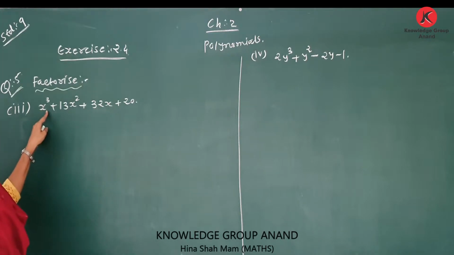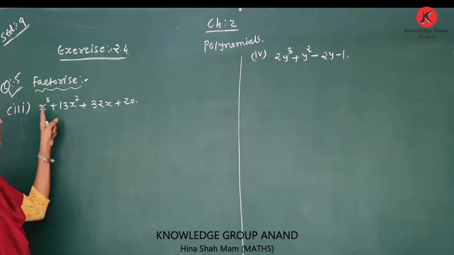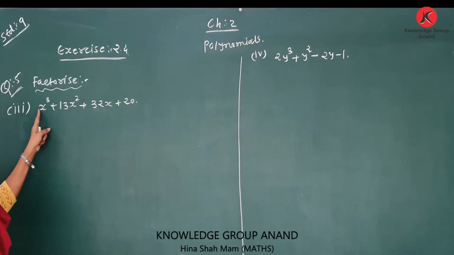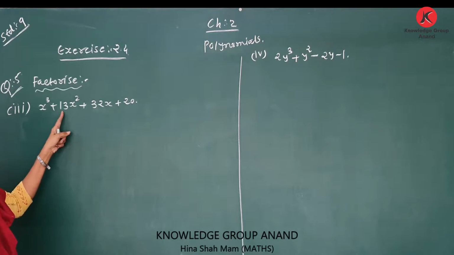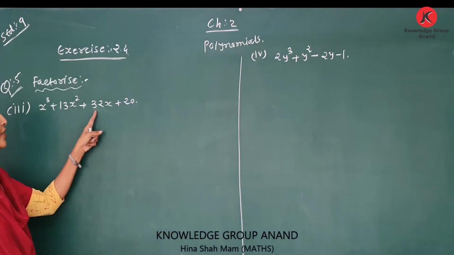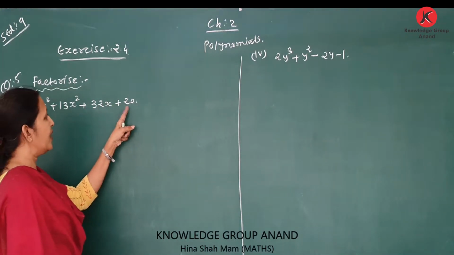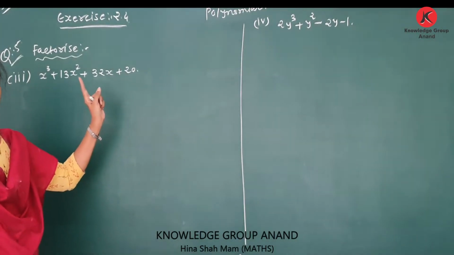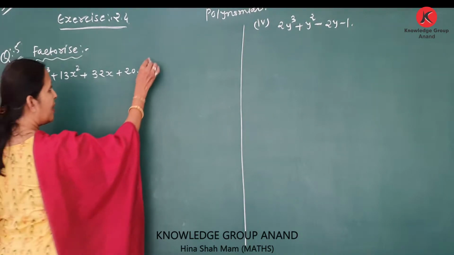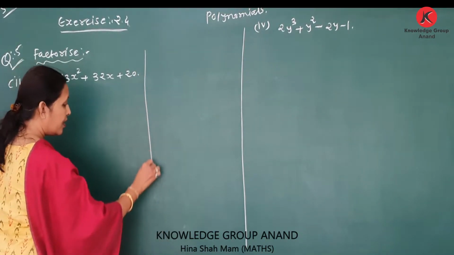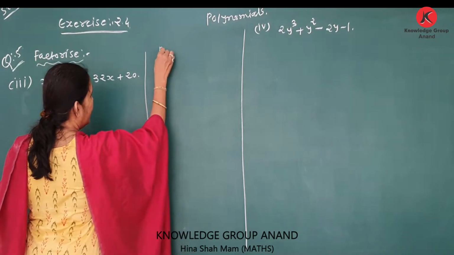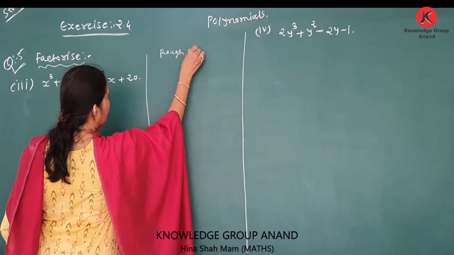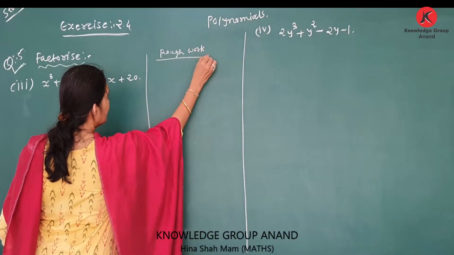In this method, first we calculate the sum of coefficients: 1 plus 13, 14, plus 32, 46, plus 20, 66, is not equal to 0. Here the sum is our rough work. Do this work on the last page, not in this page.